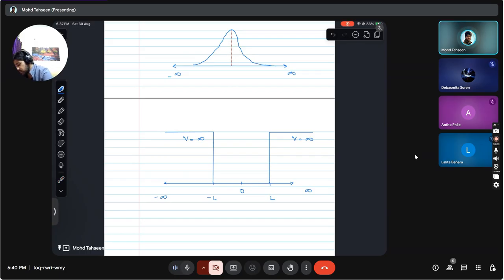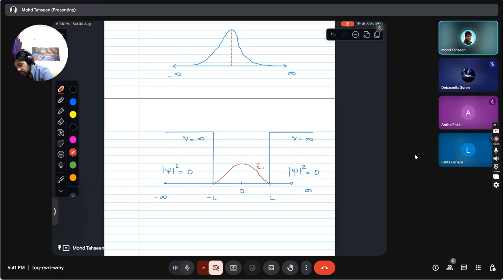So if we look at the probability, mod psi square, it is 0 here, and mod psi square is 0 here. Okay, and inside this box, this particle can be present, depending on what the energy of this particle is, the wave function could be something like this. If it has the lowest energy, the ground state energy, right?